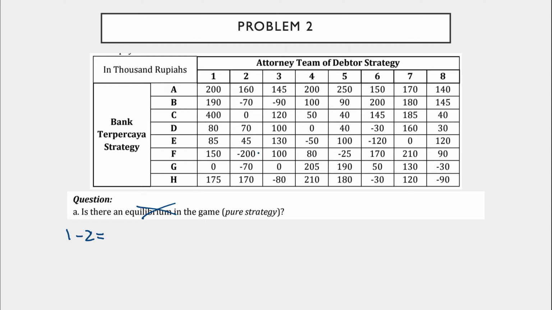So in this scenario, strategy 1 is always bigger than strategy 2, but because we are the defense player, we want the minimum outcome. So we can say that strategy 2 dominates strategy 1. Thus, we can eliminate strategy 1.